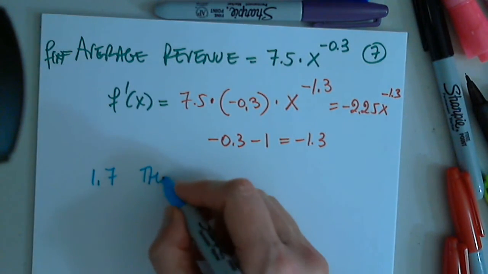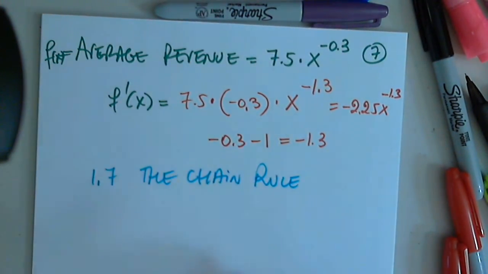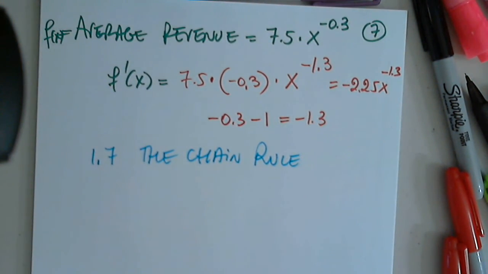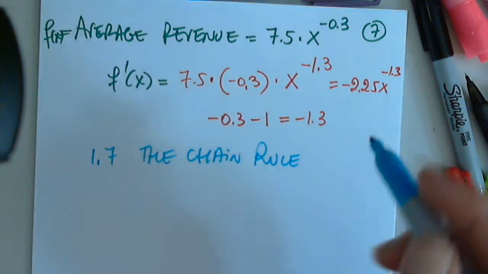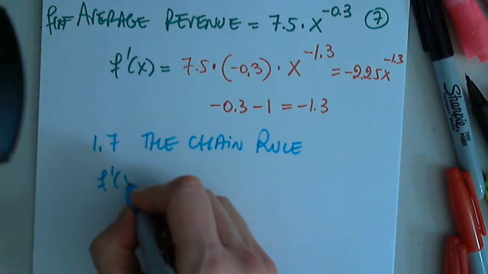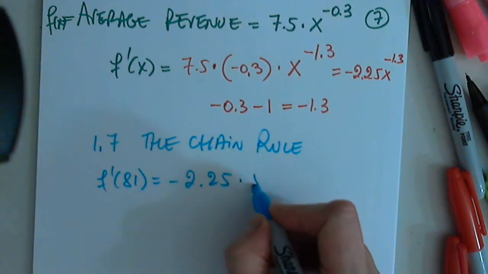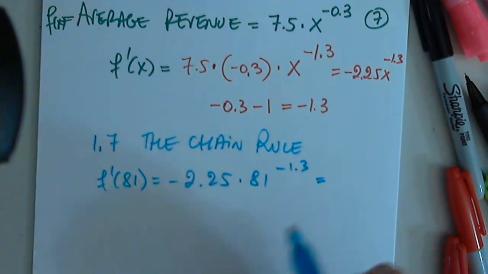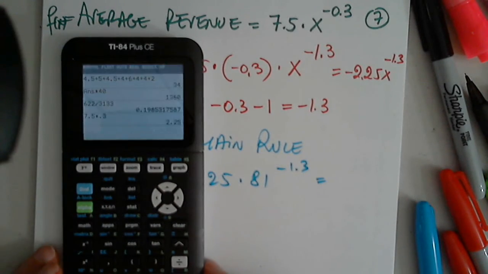1.7, the chain rule. Oh, yes? So that's the average revenue, the -2.25 x to the -1.3. We have to plug in 81. I forgot. Sorry. Negative 2.25 times 81 to the negative 1.3. I got carried away when I explained too much.